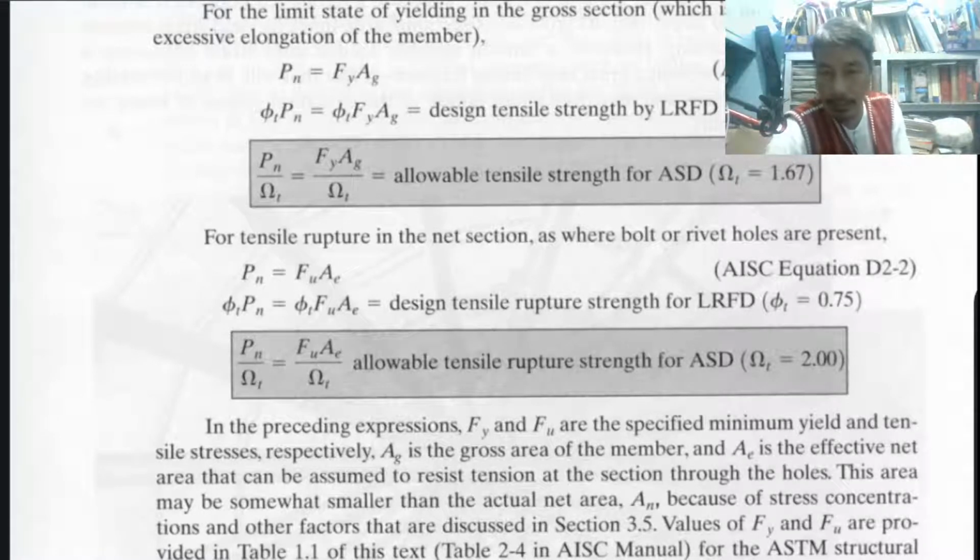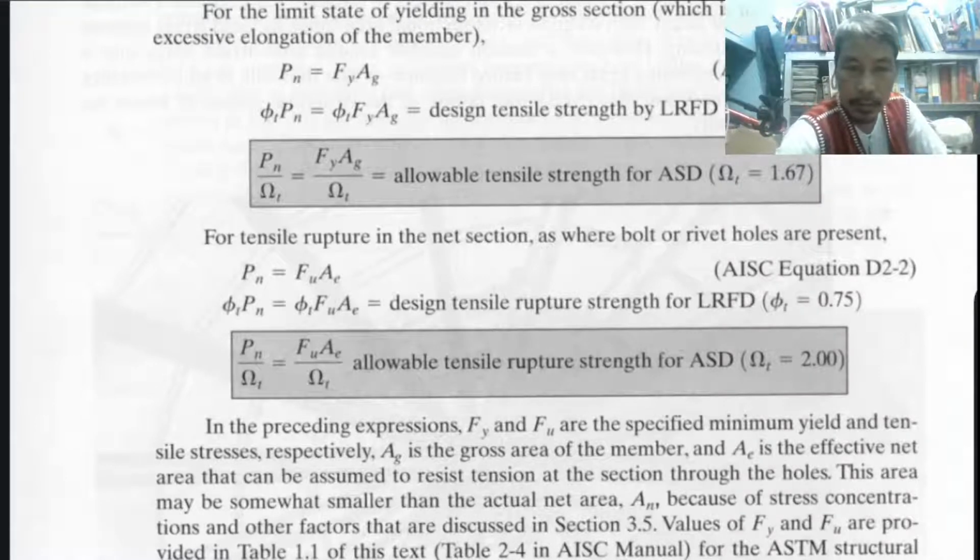Do you follow? So that is for LRFD. Multiplying both sides, therefore, phi t times Pn is equal to phi t times Fu, or ultimate strength, times effective area.